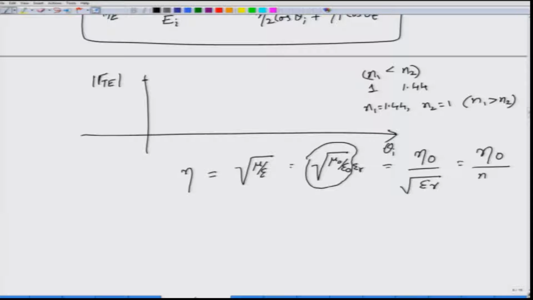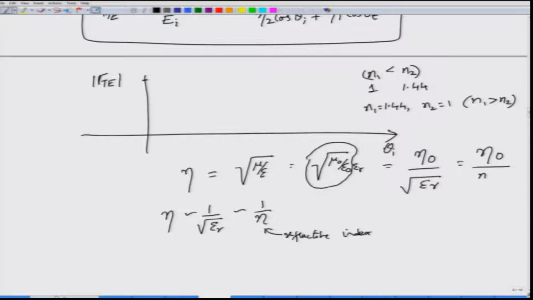So, what I want to say is that given a medium having a relative permittivity epsilon r, the impedance is inversely proportional to the square root of epsilon r, or equivalently 1 by n, where n is the refractive index. So, higher the refractive index, lower the medium characteristic impedance eta.